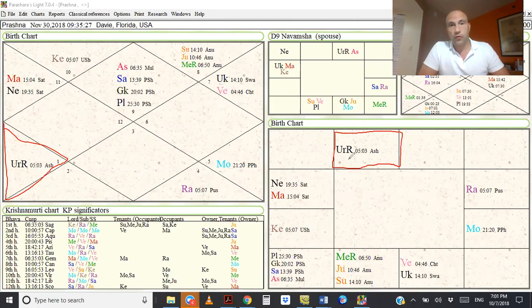And things that confer weakness are debilitation, presence in an enemy sign, a planetary war where 2 planets are on the exact same degree, and if the moon is very weak and dark.